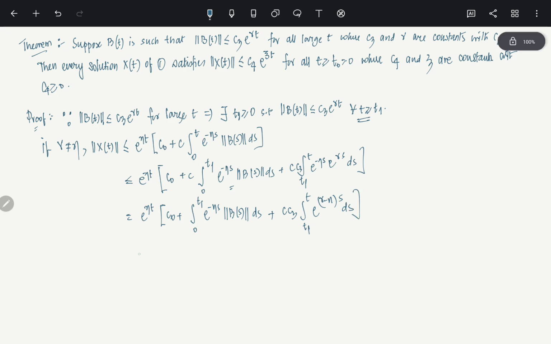That's what we are going to get. Now we can write it like this: dominated by e to the power gamma t times c naught.